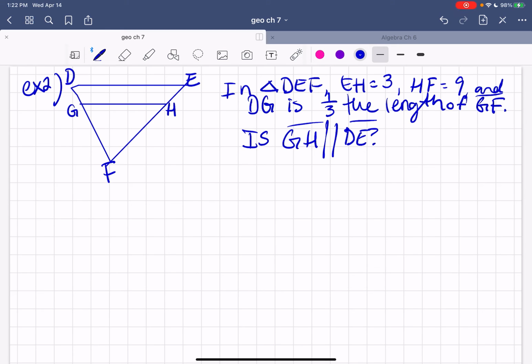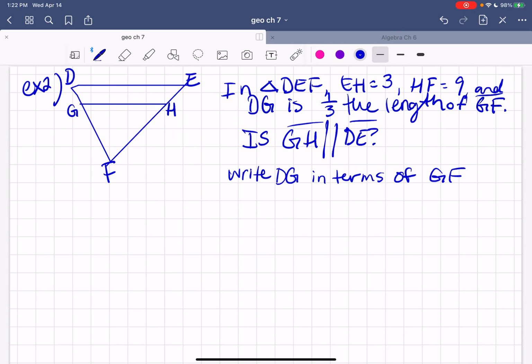So for this, we need to write DG in terms of GF. So this is something that I think we've touched on a little bit here and there, but it's a pretty cool trick.